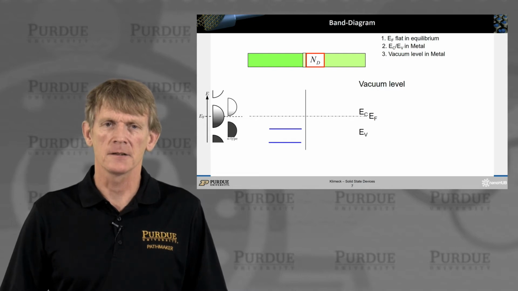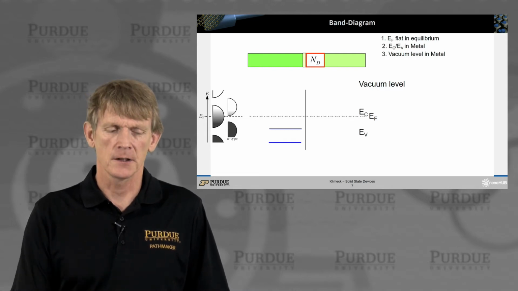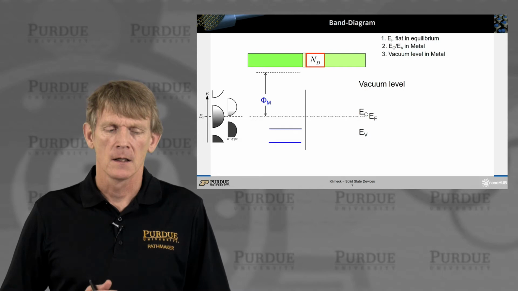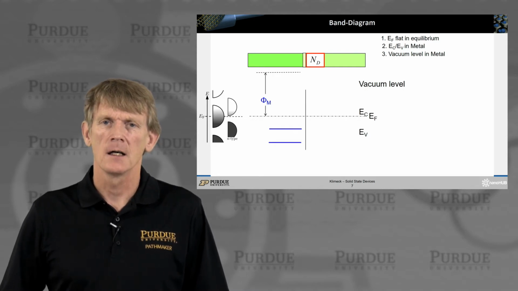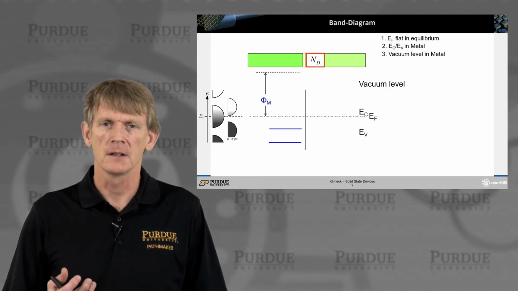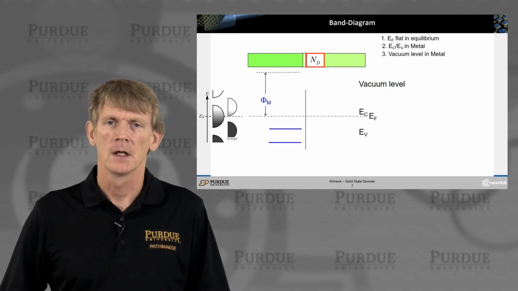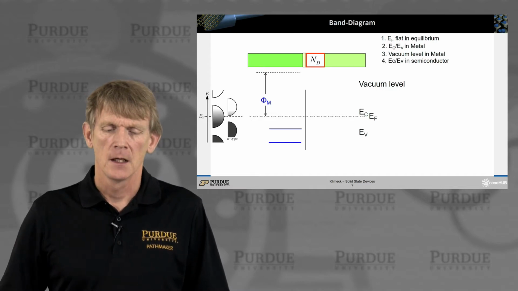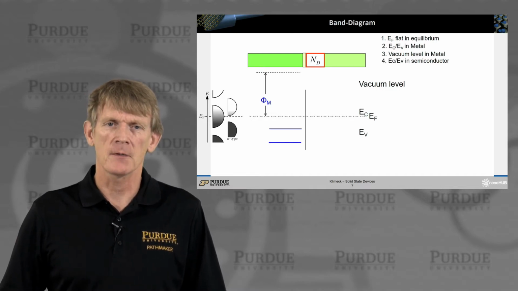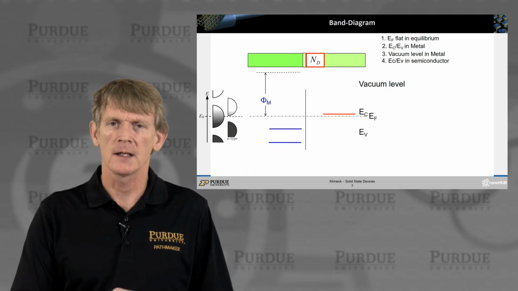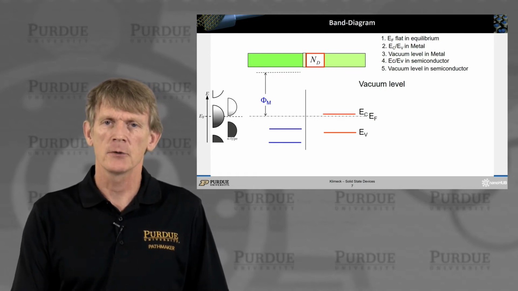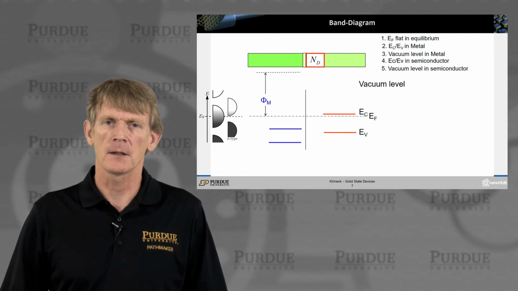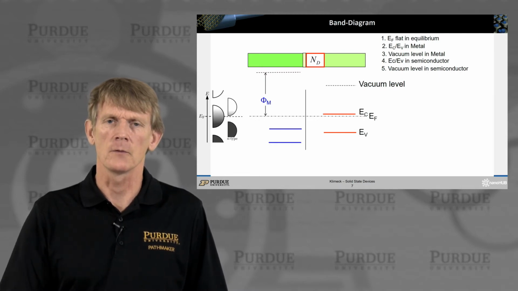That's the energy needed to take out an electron. We'll have a metal work function like this that is measuring the energy from the Fermi level to the vacuum. For the semiconductor, we do the same thing. We've done this now multiple times, where we draw the conduction band and the valence band, and we draw in the vacuum level in the semiconductor.